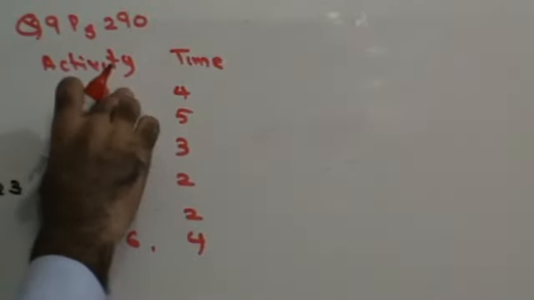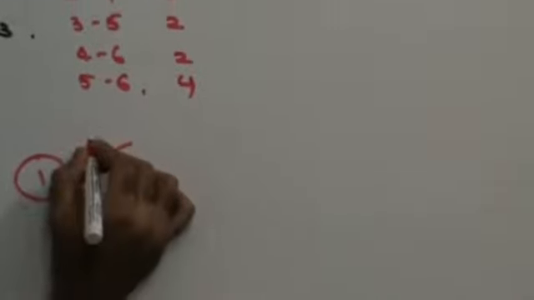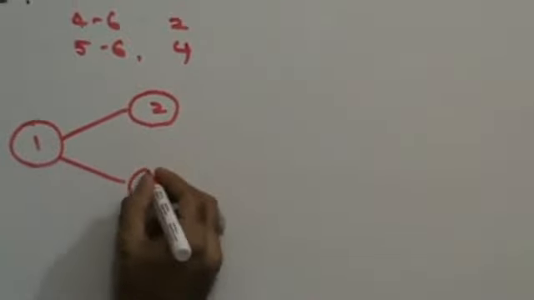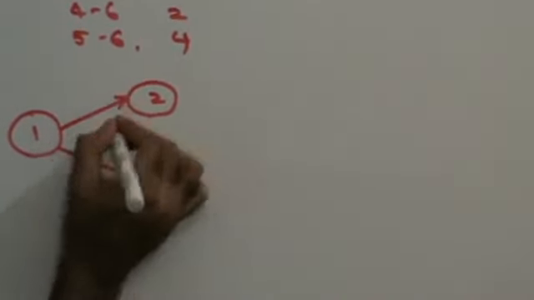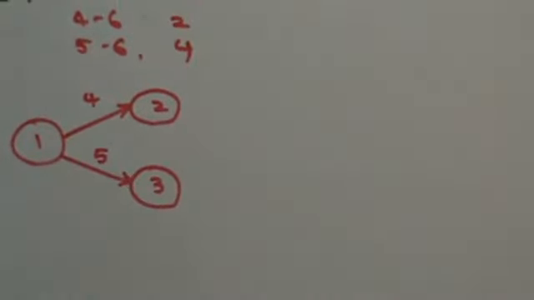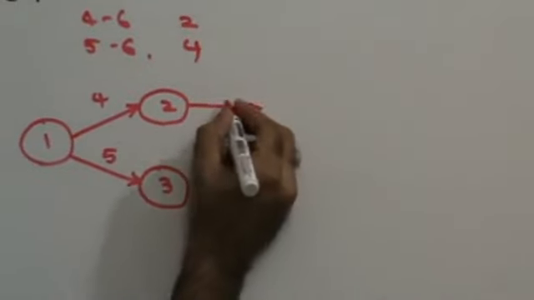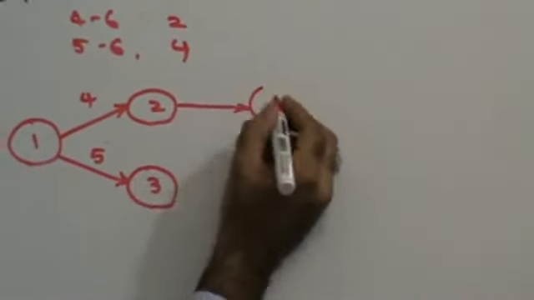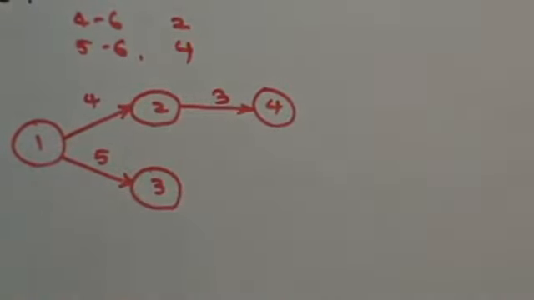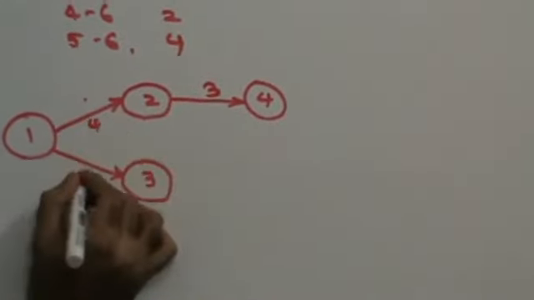From event 1 I have activity 2, from 1 I have 3, right, of 4 days and 5 days. From 2 I have 4, which is of 3 days.